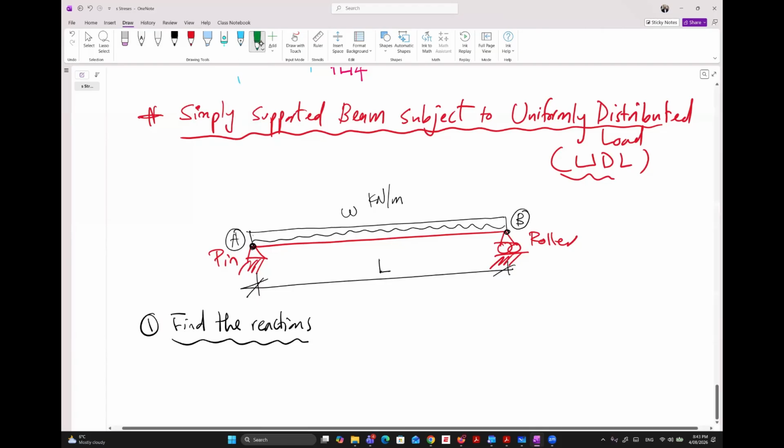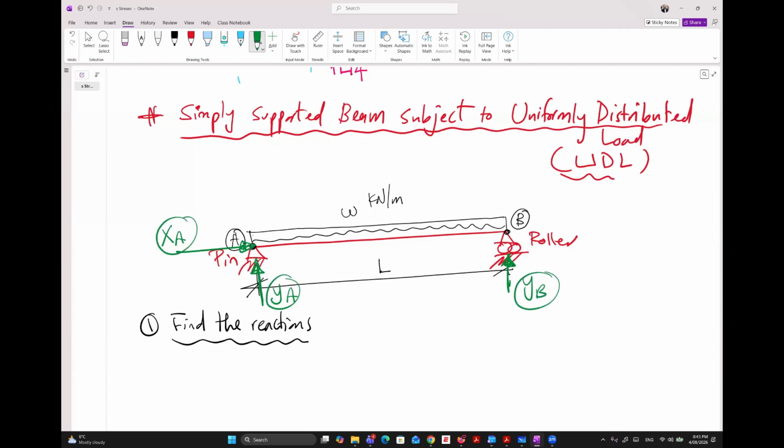The pin goes up and right, so we have two, XA and YA, and the roller goes up and down, only one reaction, YB. So how many reactions in total? Again, three unknown reactions. That's right.